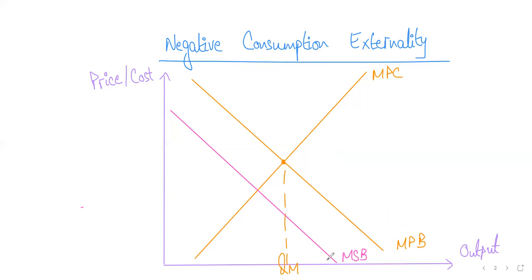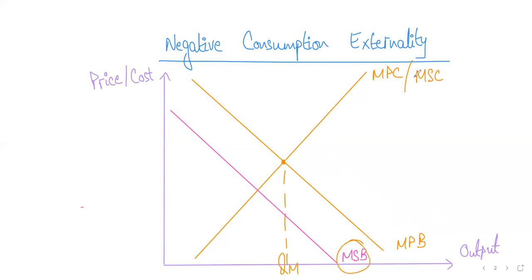Okay. Now, from society's point of view, what output level should be consumed? So this MSB, exactly, where this MSB is cutting with this.